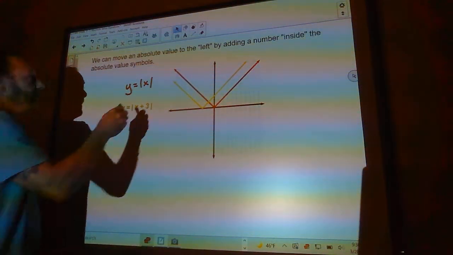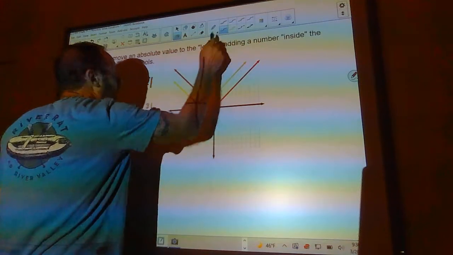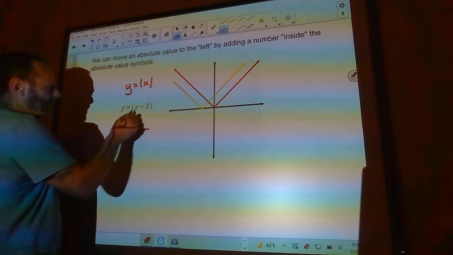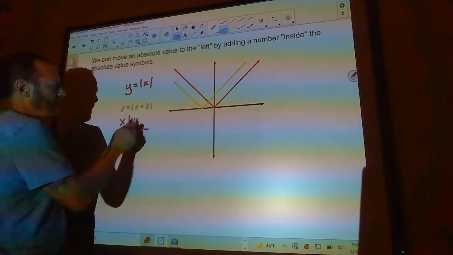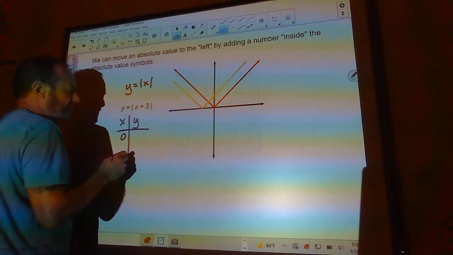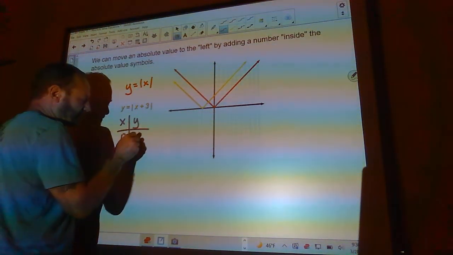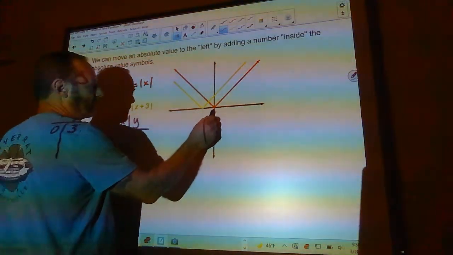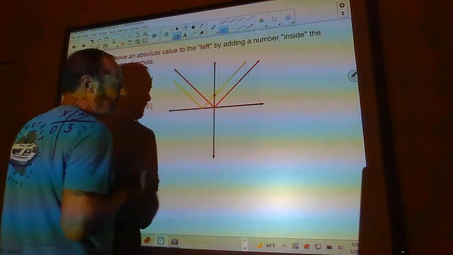And again, if I look at a table and I plug in 0, I'm going to get 0 plus 3 is 3, and the absolute value of 3 is going to be 3. And so at 0, I get 3 right there.